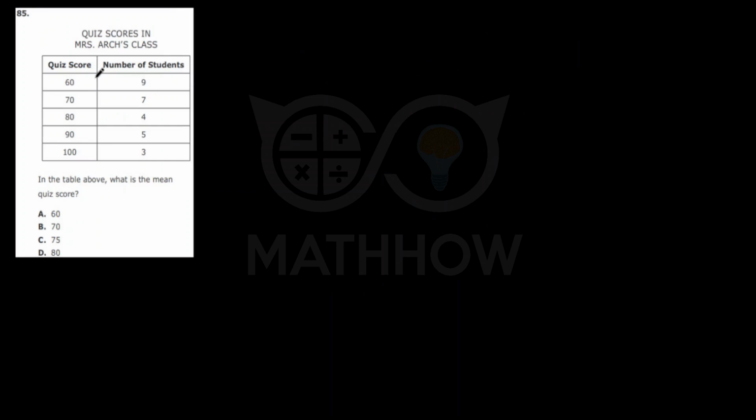Question number 85. Quiz scores in Miss R's class. The table is given with the number of students and the quiz scores. In the table above, what is the mean quiz score?